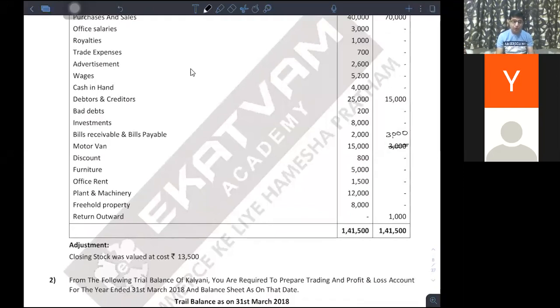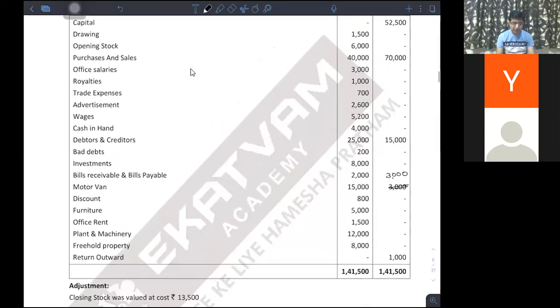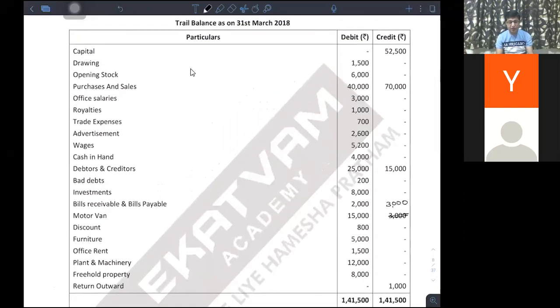So what we have to do, we have to prepare the trading account, the profit and loss account, and the balance sheet for this. Let's do it here.